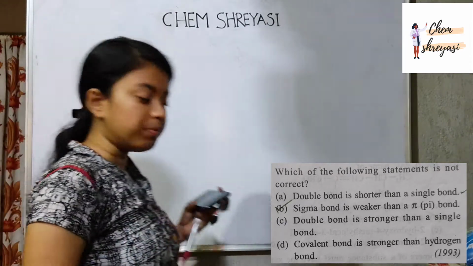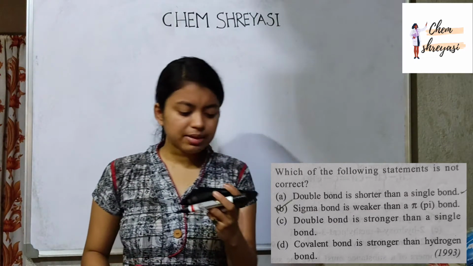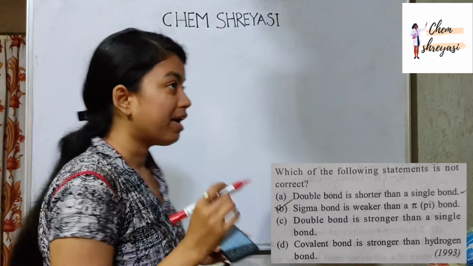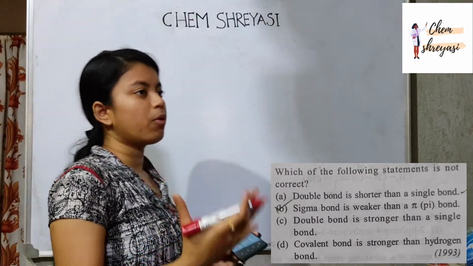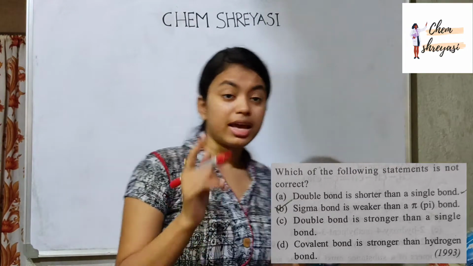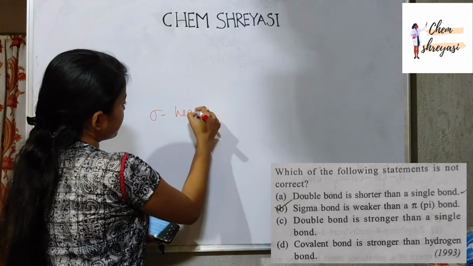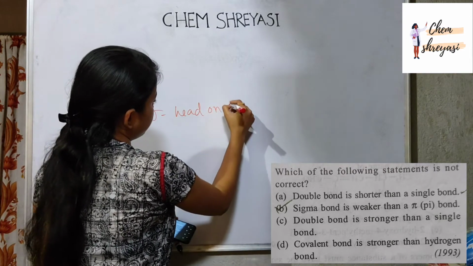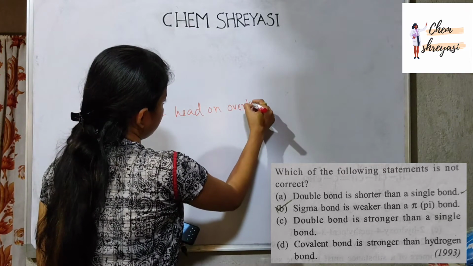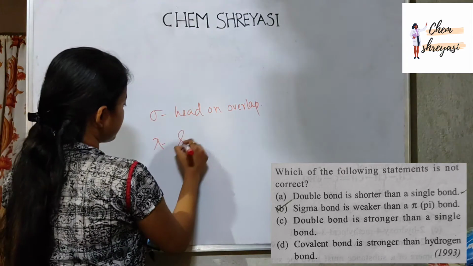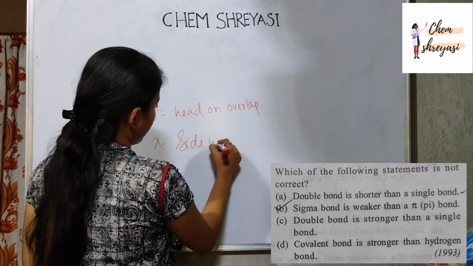Moving to option B, it says sigma bond is weaker than a pi bond. Now, we have to understand how a sigma bond forms and how a pi bond forms. In the case of a sigma bond, there is a head-on overlap. But in the case of a pi bond, there is a sidewise overlap.